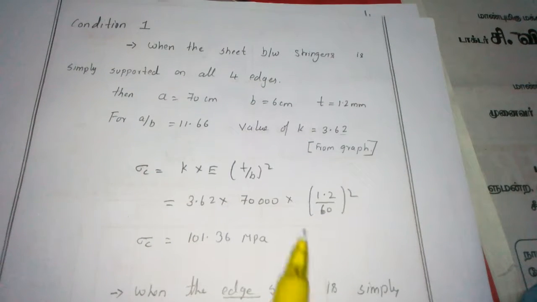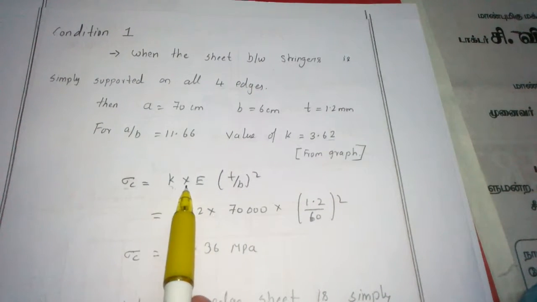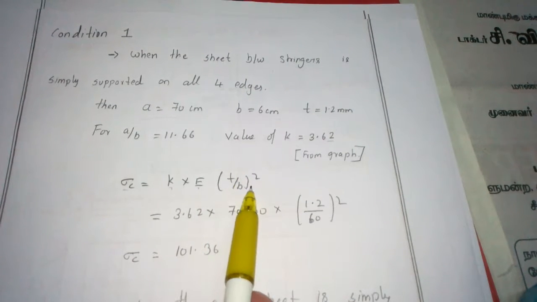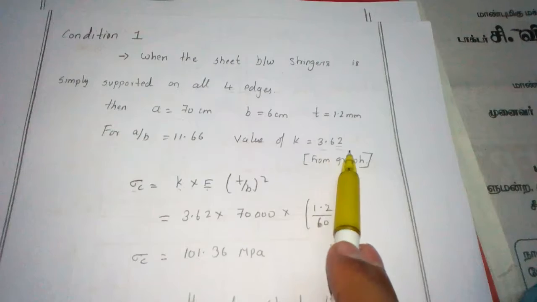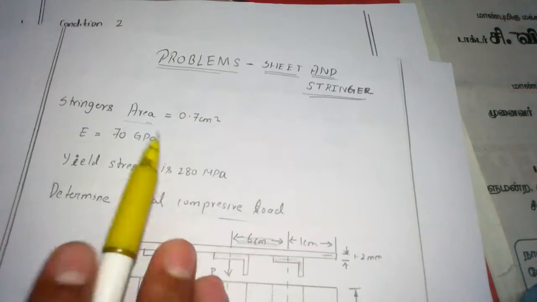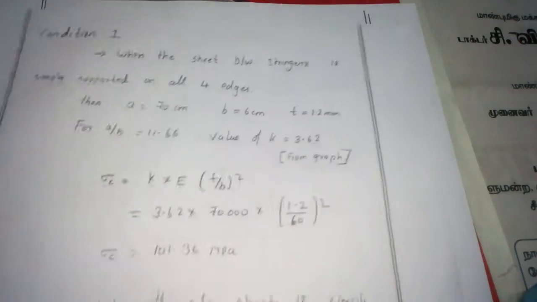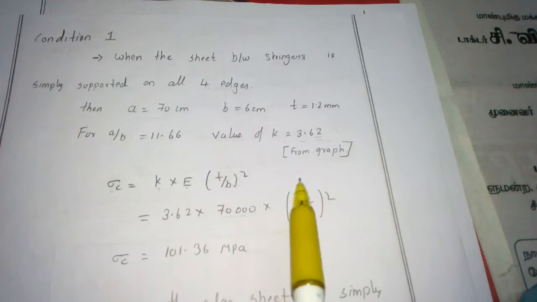Now sigma C is K times E times (T by B) the whole square. K we got from the graph is 3.62. E they have given as 70 GPa, so 70,000 MPa.